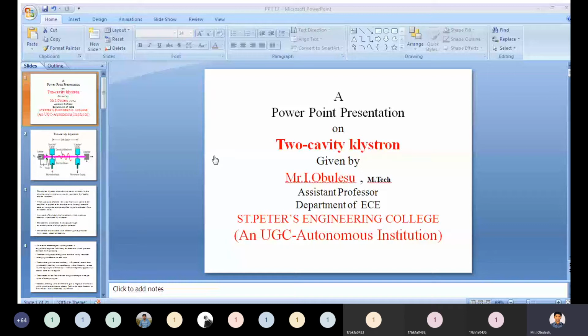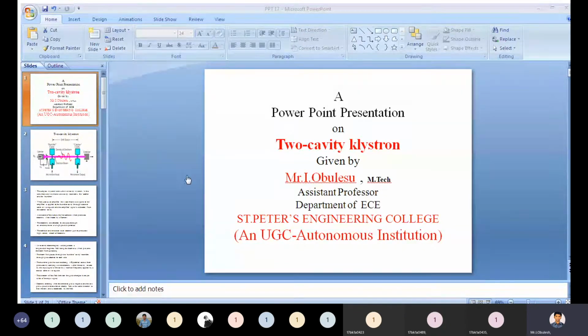The electrons entering when the entrance grid is negative and the exit grid is positive encounter an electric field in the same direction as their motion and are accelerated by the field.